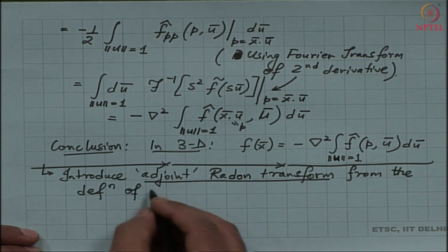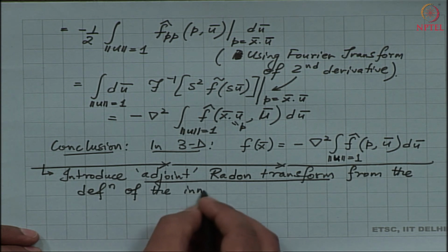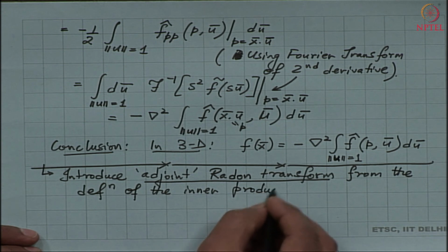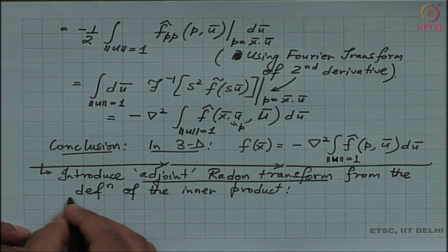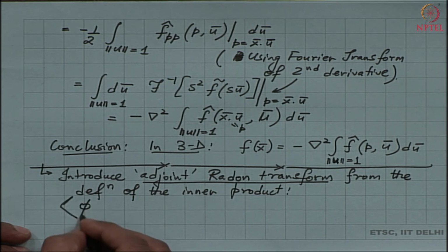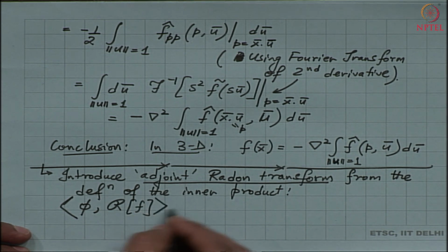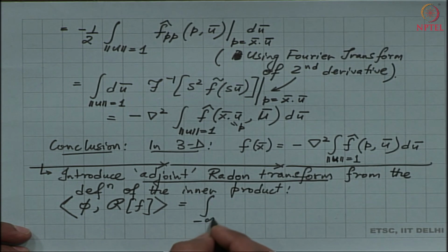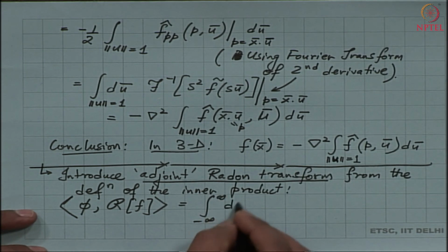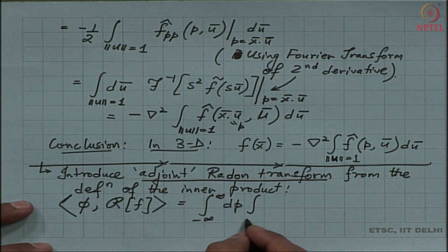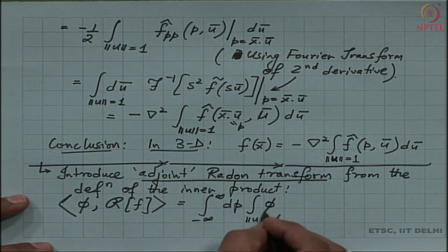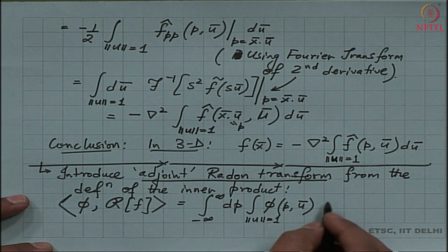given by the following. So, let me introduce a function phi, and the inner product of phi with the Radon transform of the function f is defined by the following integral from negative infinity to infinity dp times the integral over this hypersurface of phi of p comma u times the Radon transform of f.